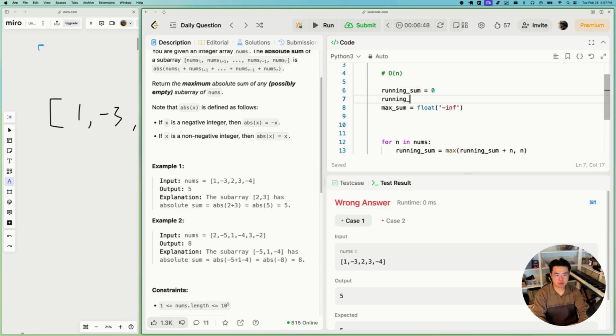I don't know what to call it. Maybe running diff is 0. Max sum is there. Running diff.